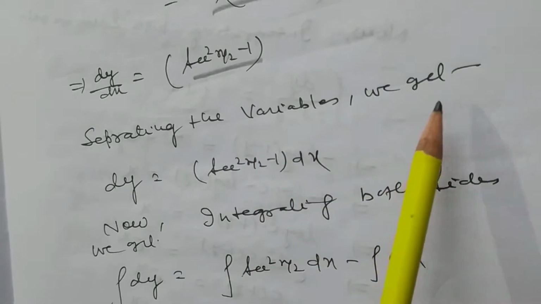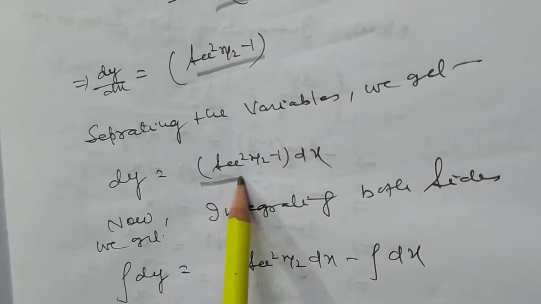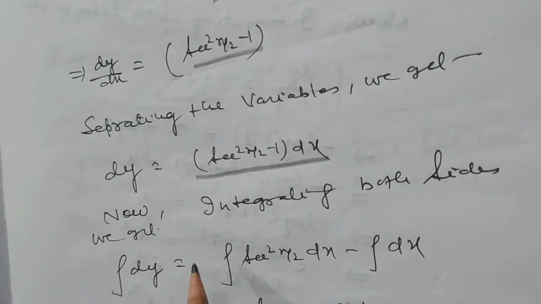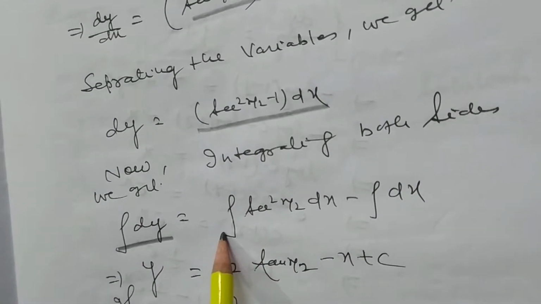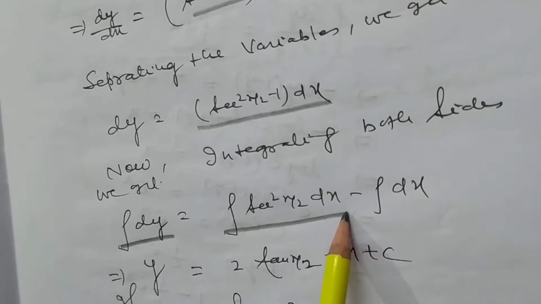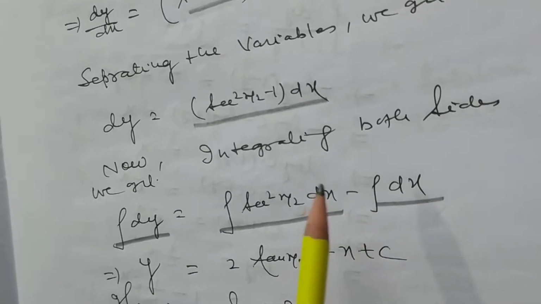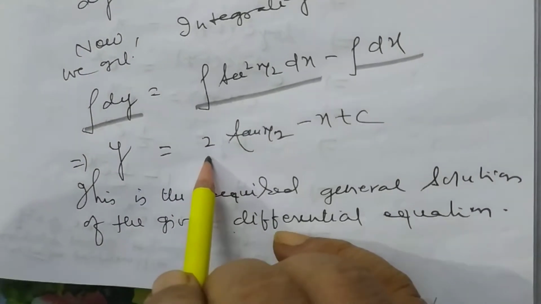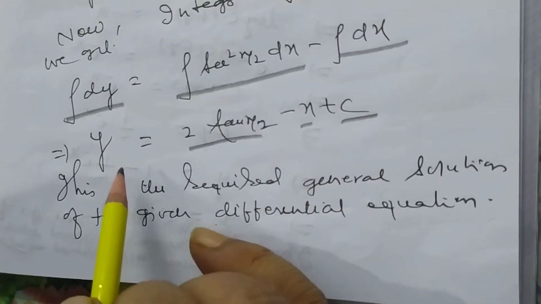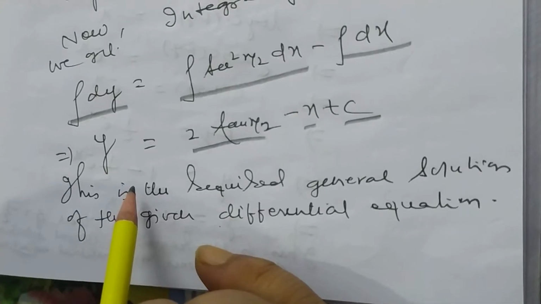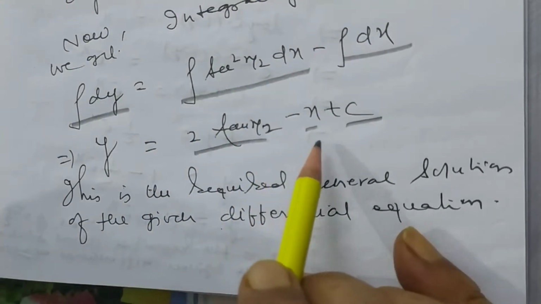Separating the variables, we get dy = (sec²(x/2) - 1) dx. Now integrating both sides, we get the integral of dy equals the integral of sec²(x/2) dx minus dx, and it will be 2 tan(x/2) - x + c.